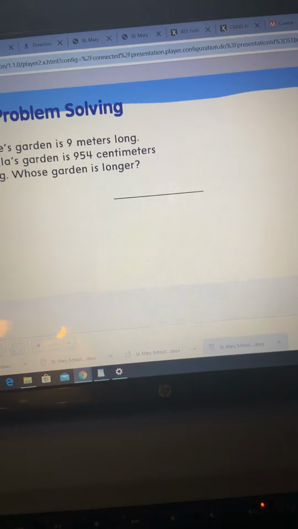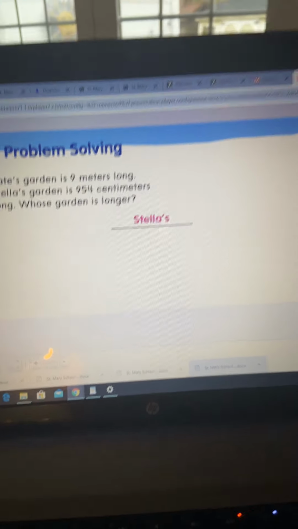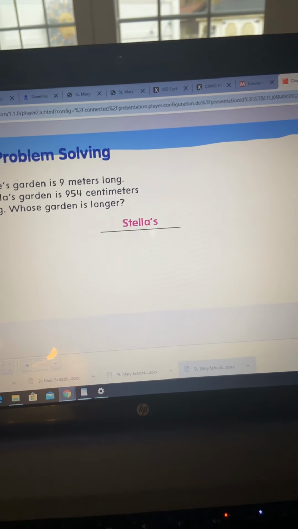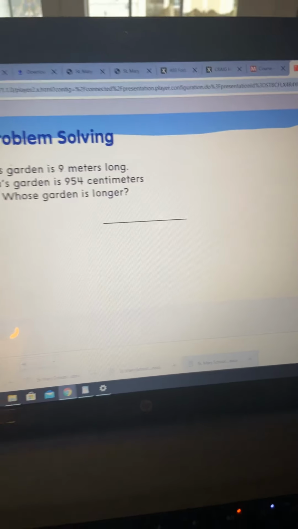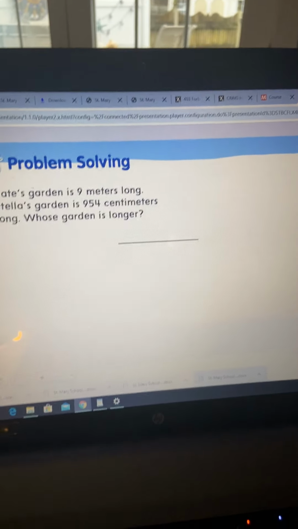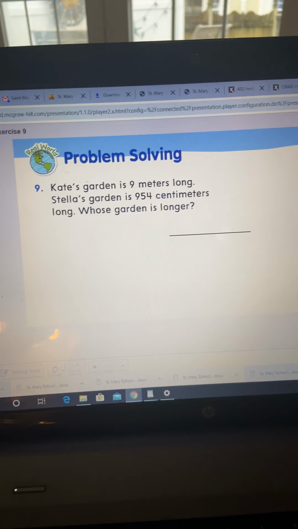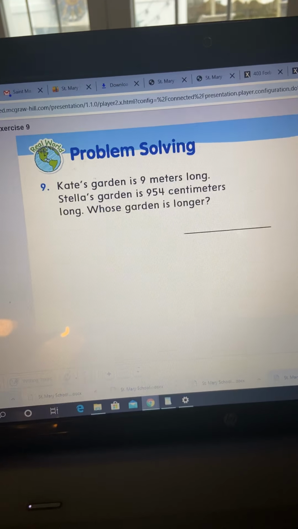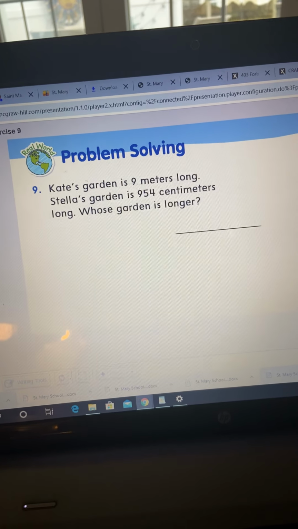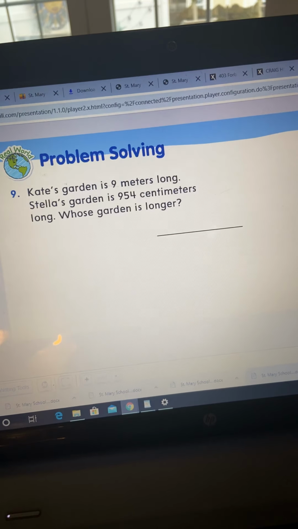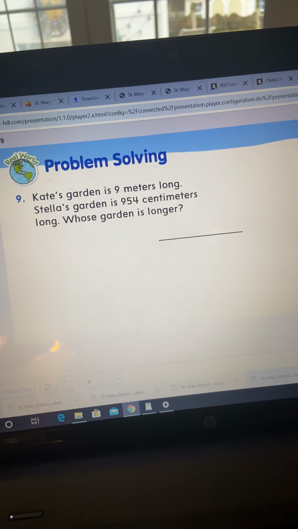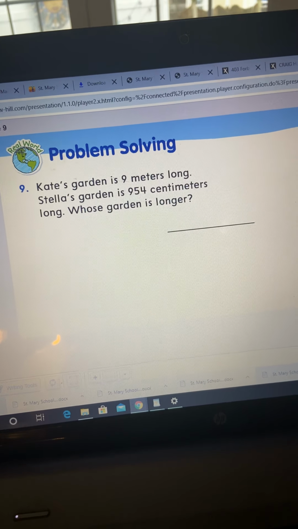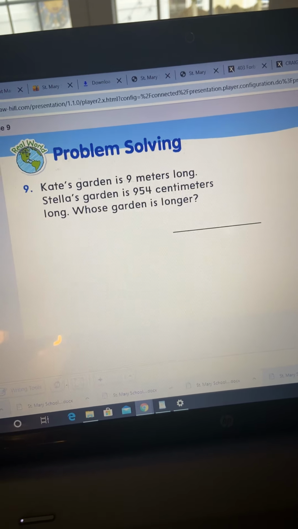All right. Problem solving. Challenge question. Now we just skipped forward, but let's go back and talk about it. Kate's garden is 9 meters long. Stella's garden is 954 centimeters long. Whose garden is longer? So here's some good thinking math. Underline what you know. Circle what you need to know. We know that Kate's garden is 9 meters long.